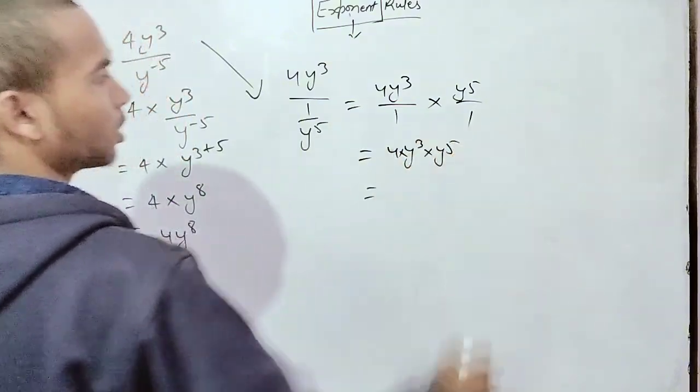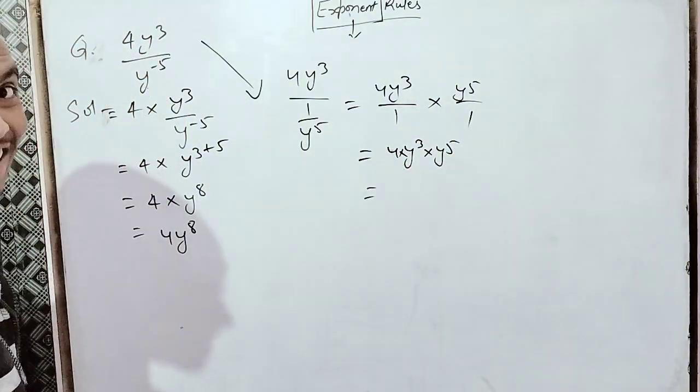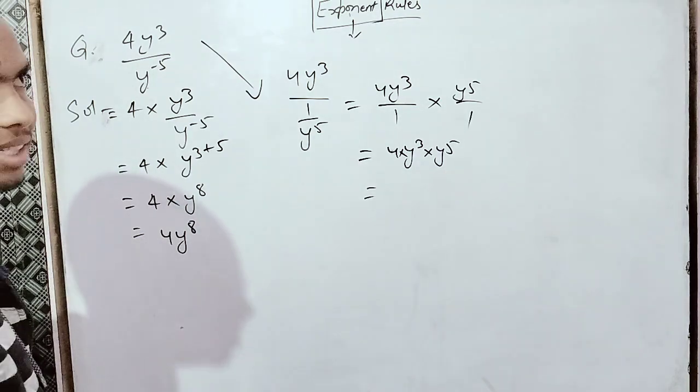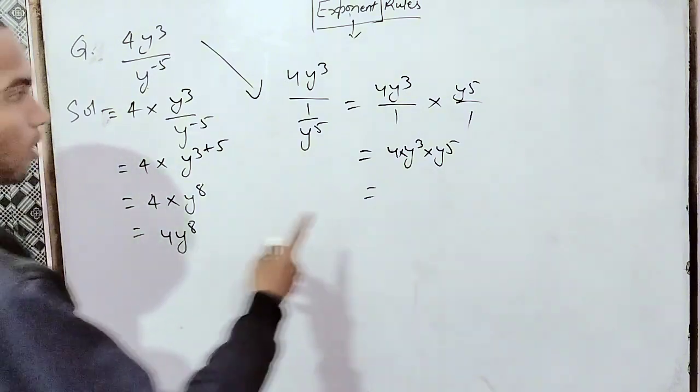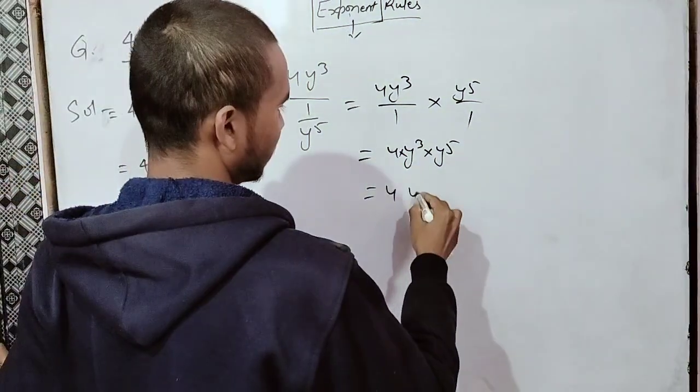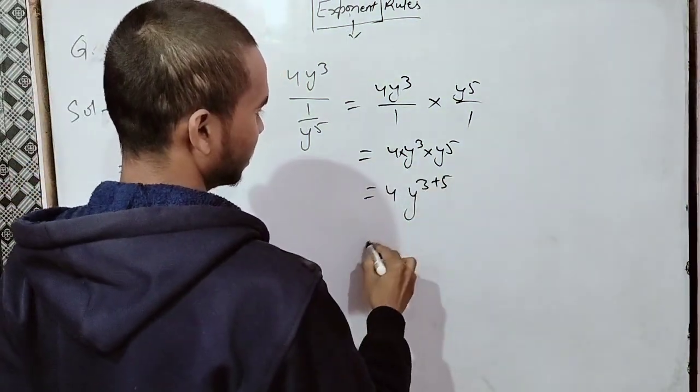Here we have, what, this is the same. So we can't apply the quotient rule. We will apply the product rule. Okay.